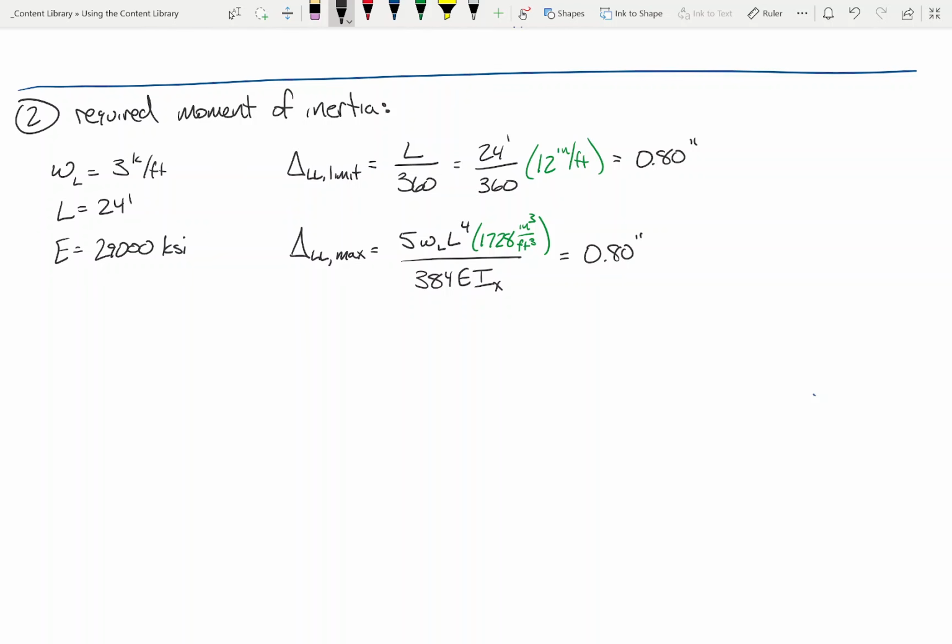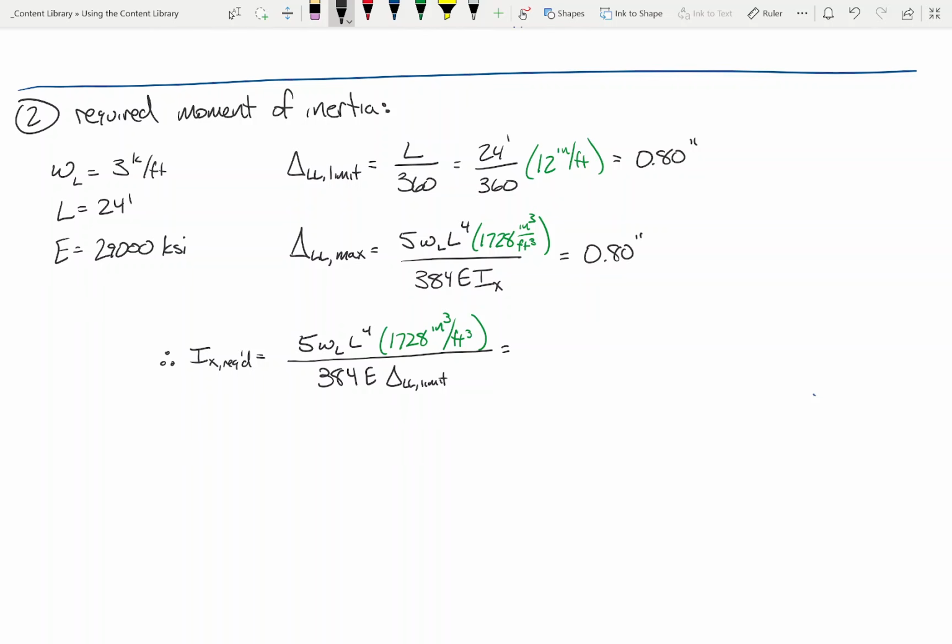All we're going to do is a switcheroo, and therefore Ix required is going to be this over the limit.